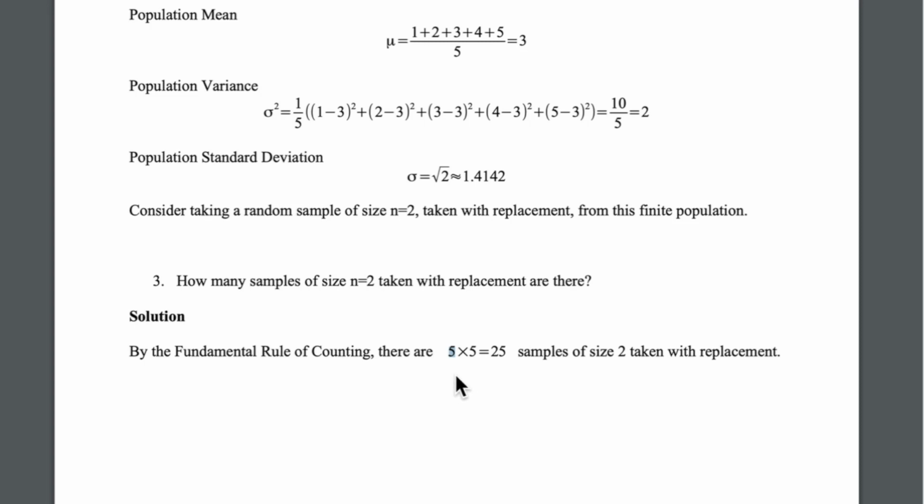And then remember, we're sampling with replacement, so we put whatever we got on the first sampling back, and we then pull out another observation or value, and we could get that same value back. So there are 5 possible values for the second observation as well. So there are overall 25 possible samples of size 2 taken with replacement from this population.